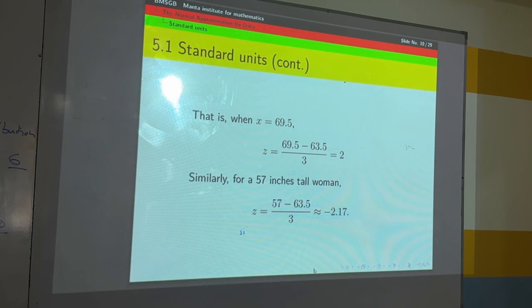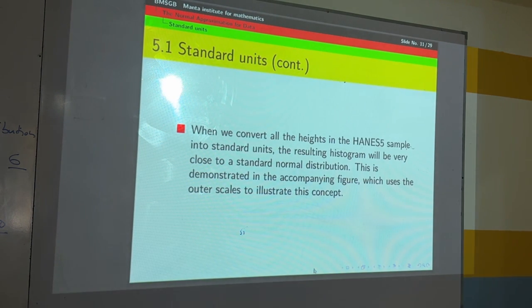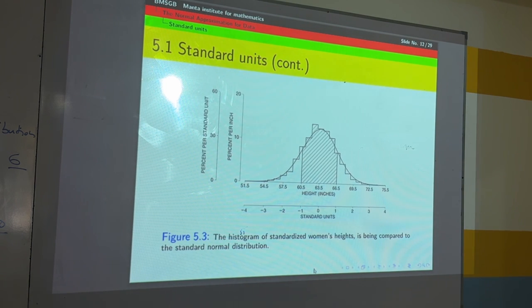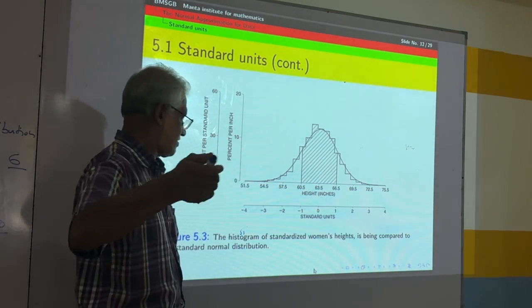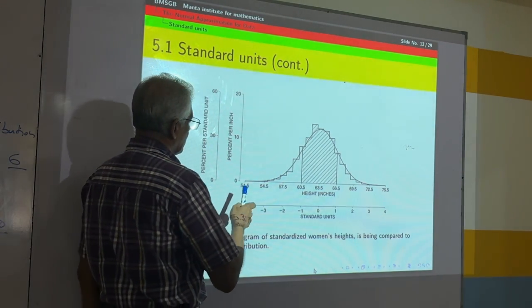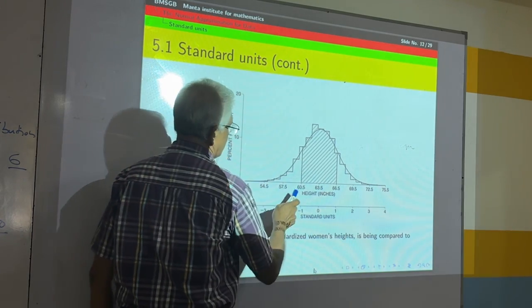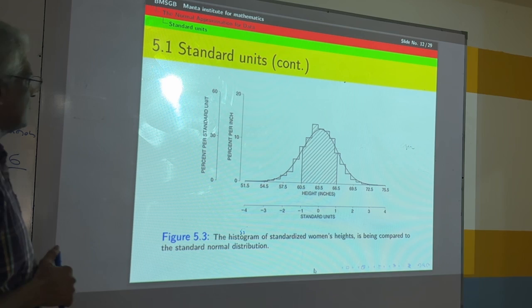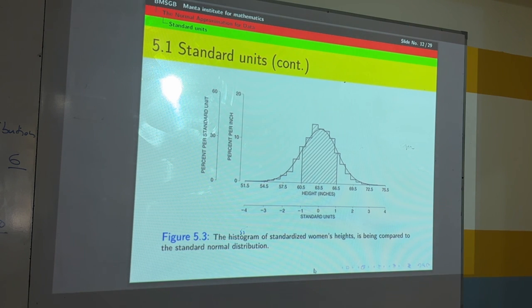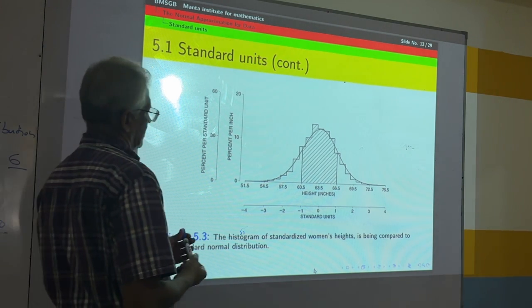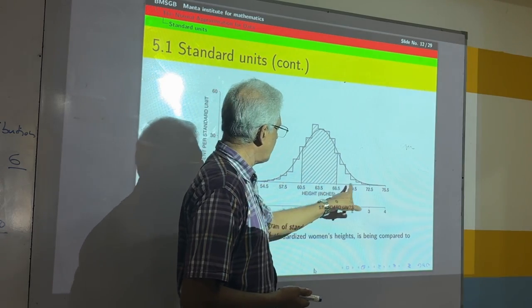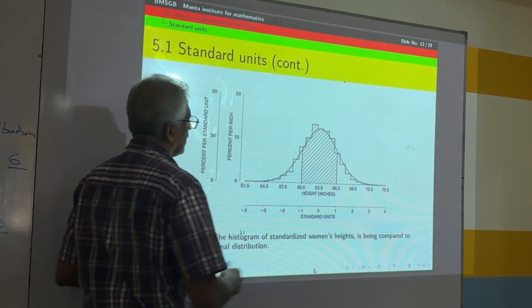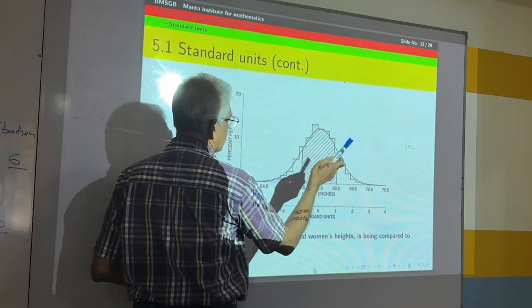So here are 2 examples. If you look at the original histogram of the heights, you can draw it with this scale. These are actually heights in inches, and the percentage density for each. If you convert these values into standard units, in this case the mean was 63.5.